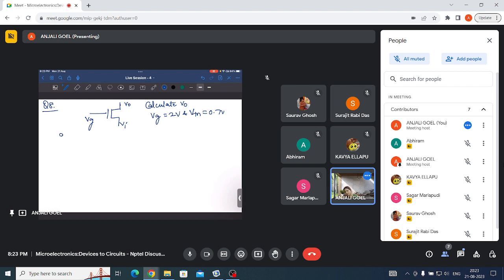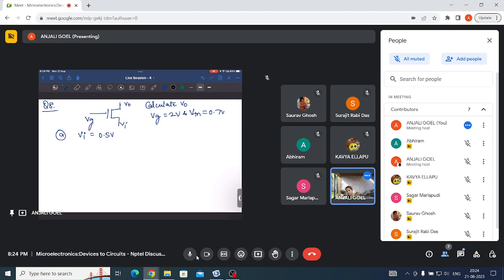So what is it if Vi is equal to 0.5 volt? 0.5 volt, ma'am.